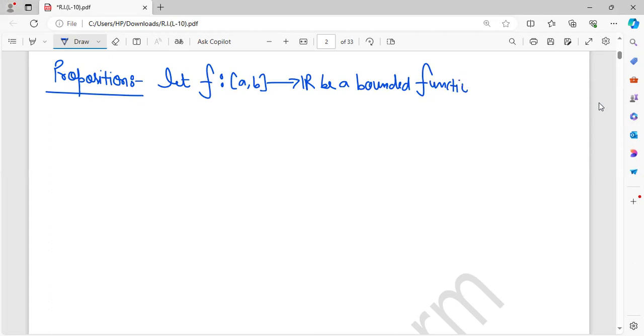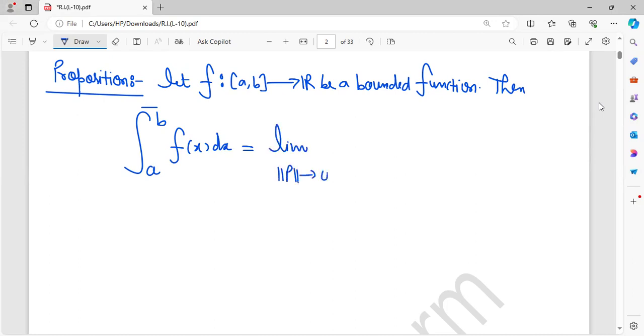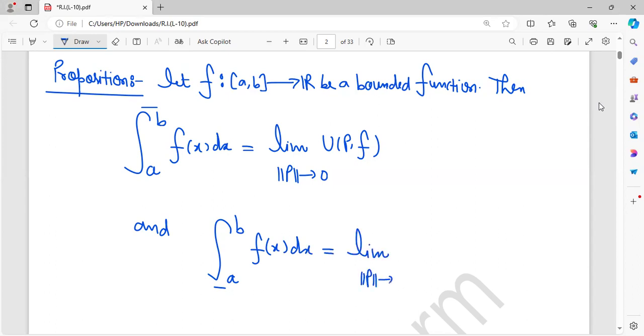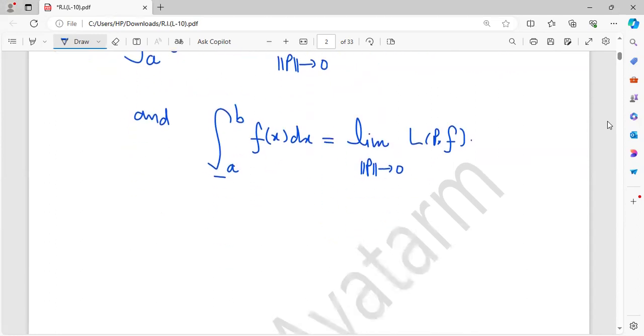Then the upper integral of f(x) dx is equal to the limit as norm of P tends to 0 of U(P, f), and the lower integral from a to b of f(x) dx is equal to the limit as norm of P tends to 0 of L(P, f). Let's see how it works. Let's see its proof.